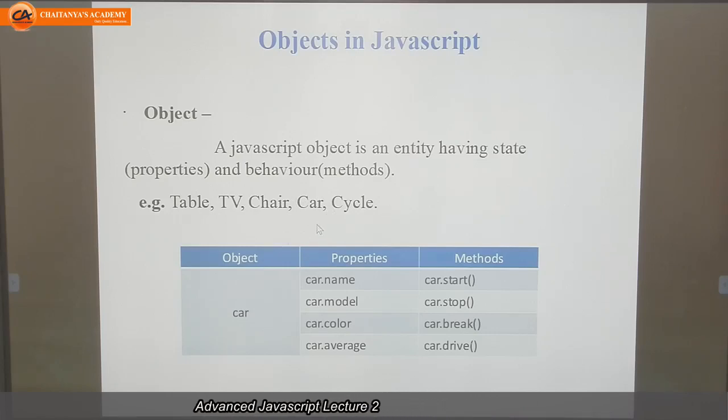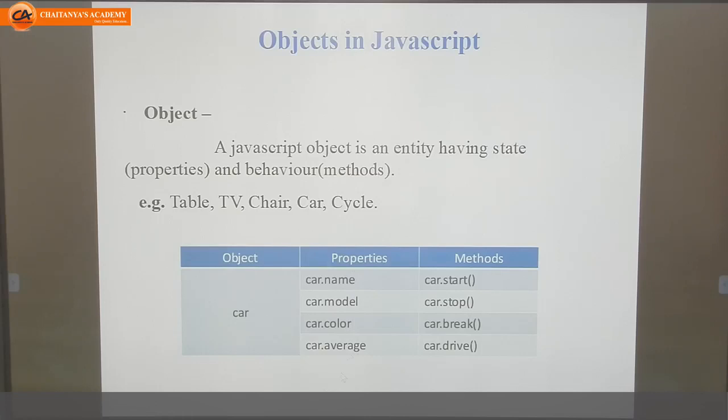If we take the example of a car, and suppose the car is our object, meaning any entity, any thing. So what may be the properties related to this car? It may have different colors, different models, different averages.